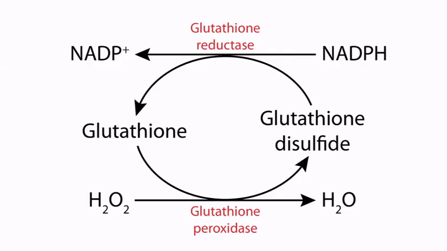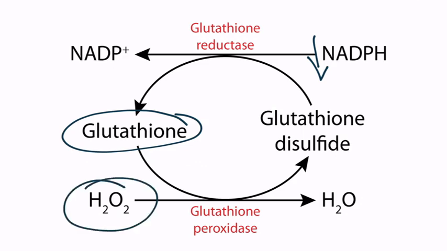From this figure, we can see that decreased NADPH results in a decreased ability to regenerate glutathione. This means hydrogen peroxide is not able to be neutralized. The hydrogen peroxide reacts with hemoglobin, resulting in conglomerates of oxidized hemoglobin. These are also known as Heinz bodies.